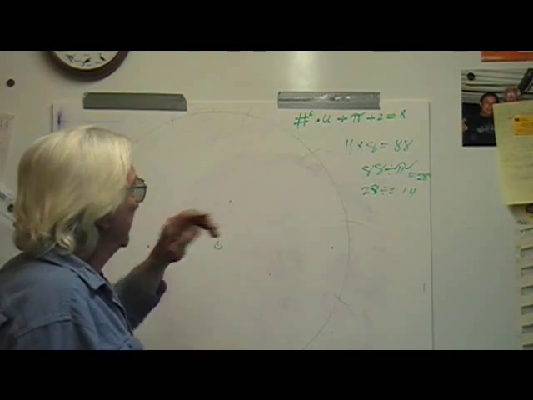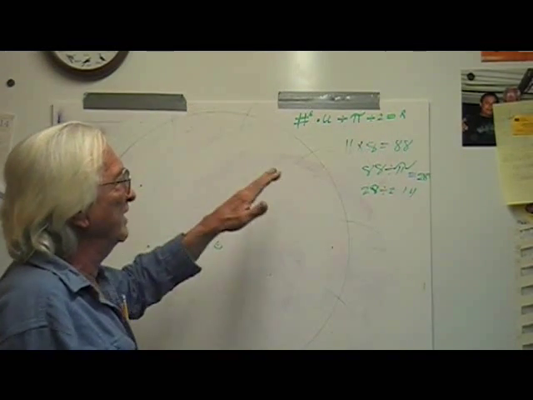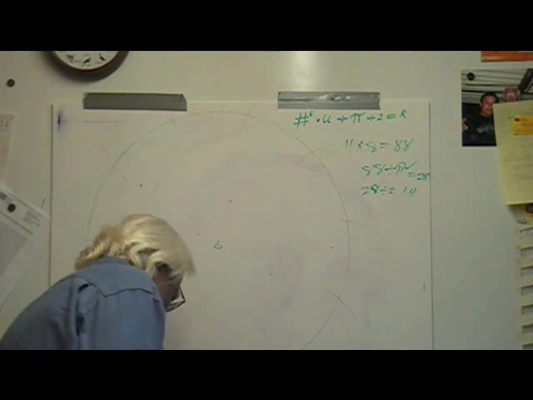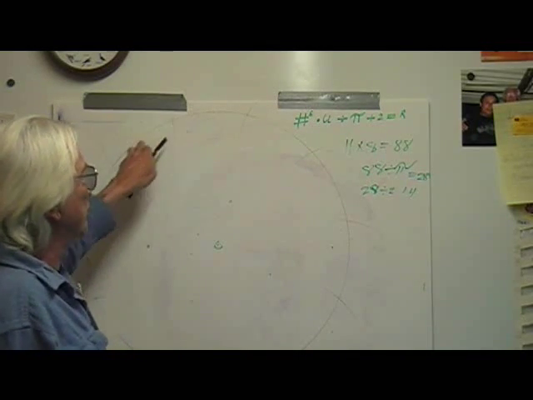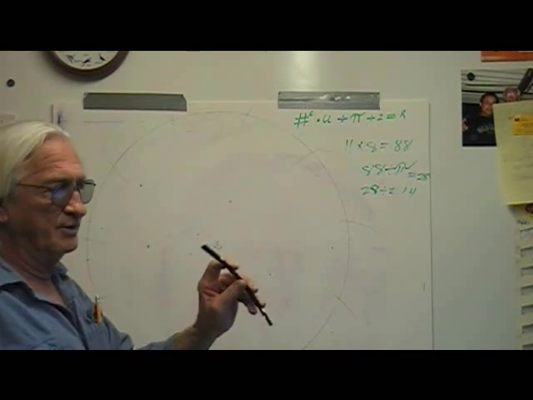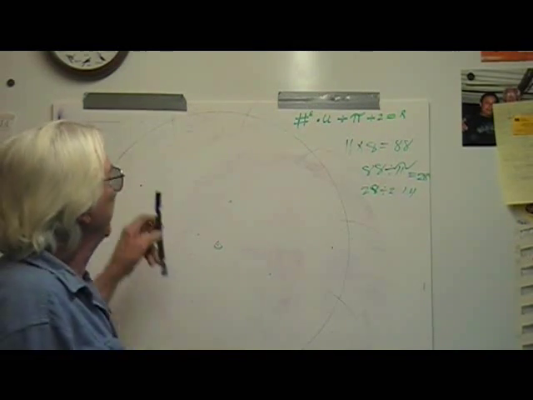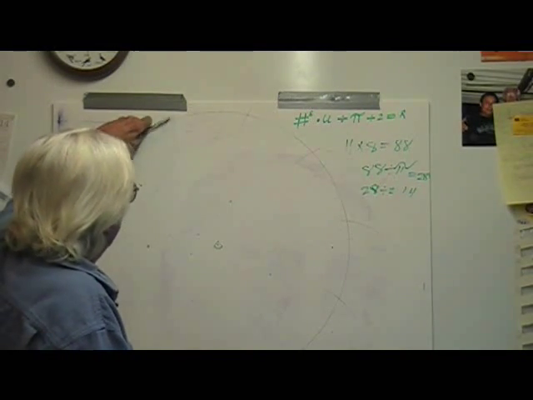Since it's 88 inches around and we want 11 sections, between each section is 8 inches. But it's 8 inches around the curve, not straight as a chord. So you take a piece of something flexible, plastic, steel band iron, anything flexible, and mark it 8 inches, and stick it in there, and then mark it.